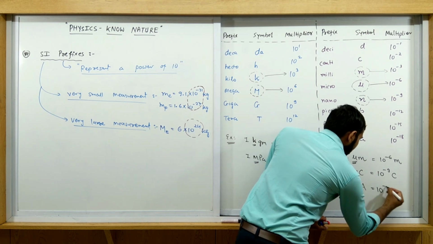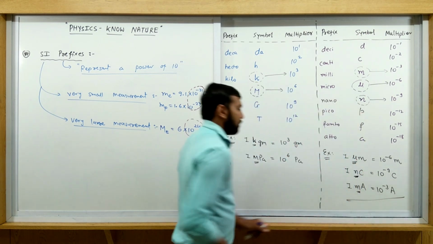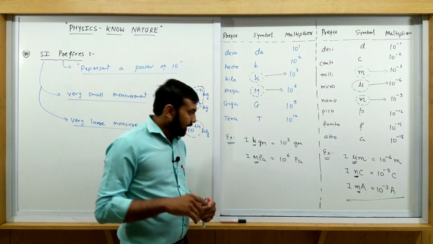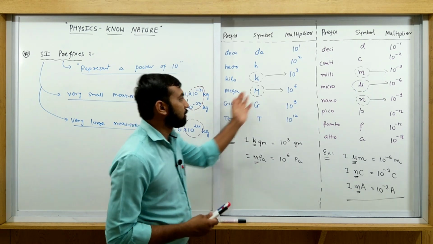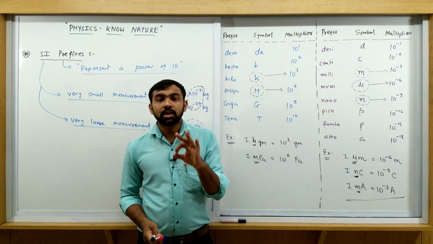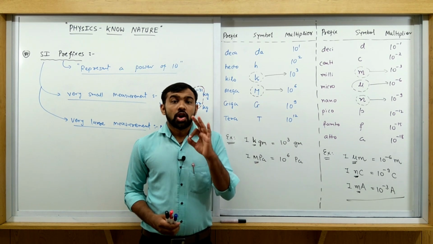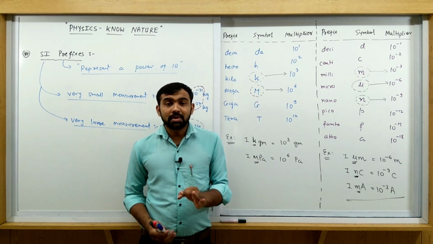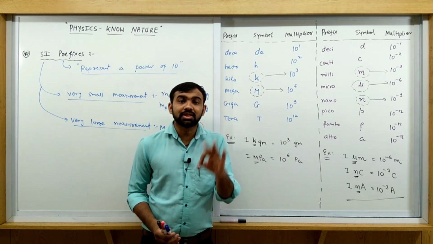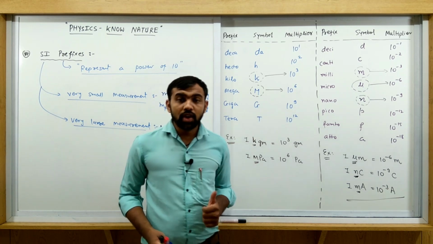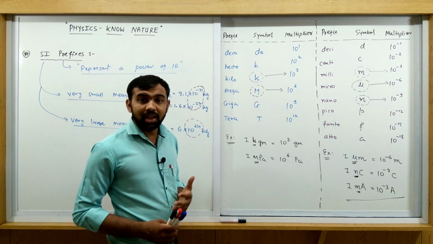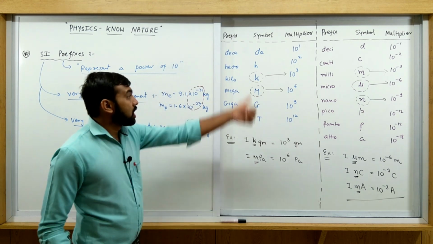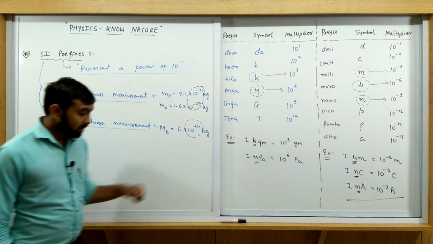So it is equal to 10 raised to minus 3 ampere. Actually, in our different examples we use this type of prefixes. So all of you must understand this prefix, remember it, and understand how to use it in examples. Okay, before we discuss the next topic, all of you must note this in your books. Note it properly.